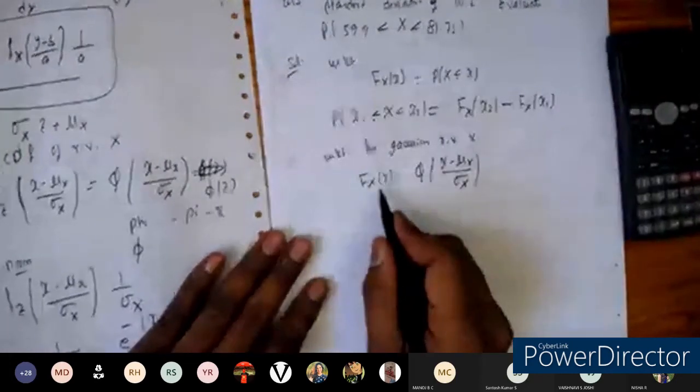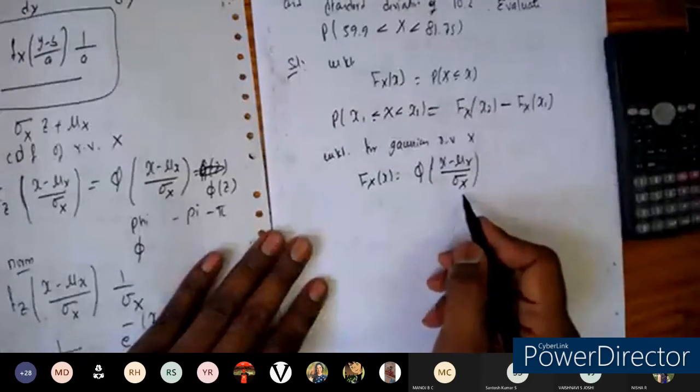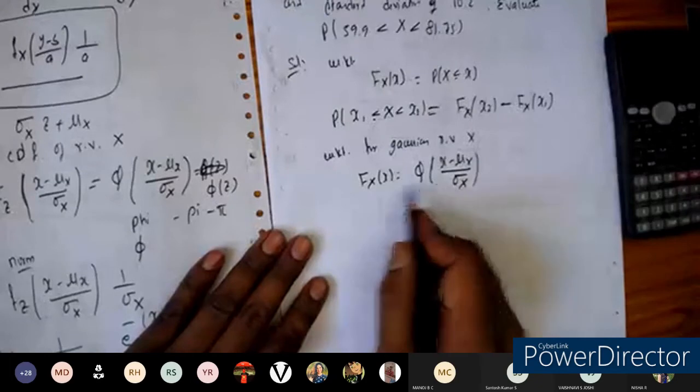For the Gaussian random variable X, we can make use of this equation: Fx(x) is equal to Φ((x minus μx) divided by σx).